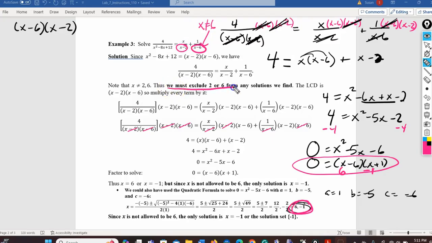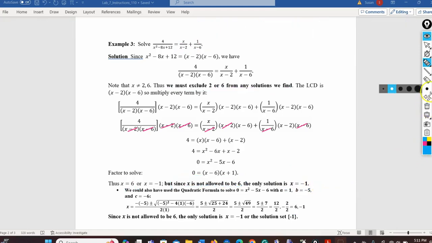So here in red, you have to exclude those. So x is not allowed to be 6. You have to exclude that as a possibility. And since x is not allowed to be 6, the only solution that you're left with is that x is equal to negative 1. Okay, so this is where you need to be very careful.